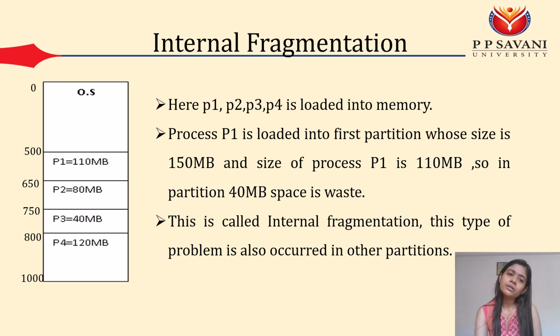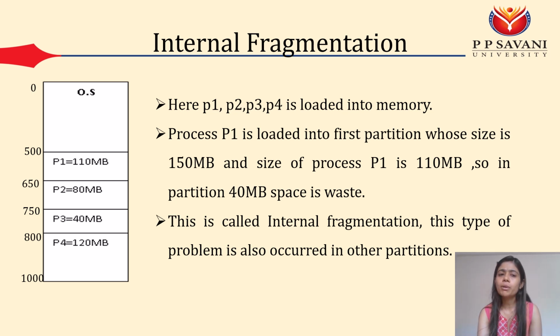In the fixed partition technique, the partition size is decided at the start itself. The first partition was created of 150 MB because its starting address is 500 and its ending address is 650. So the size of this partition is 150. Similarly, the size of this partition is 100, this one is 50, and this one is 200 MB.